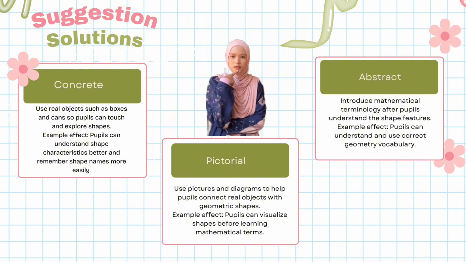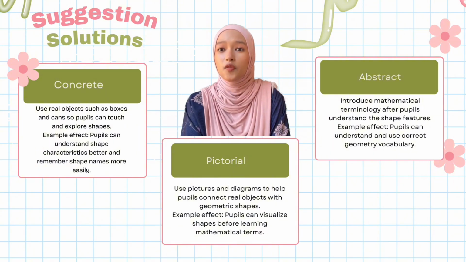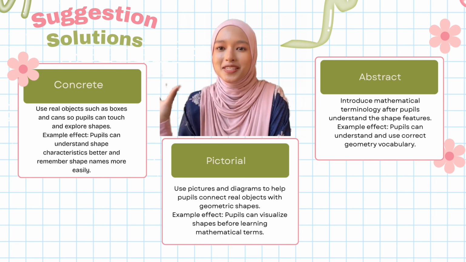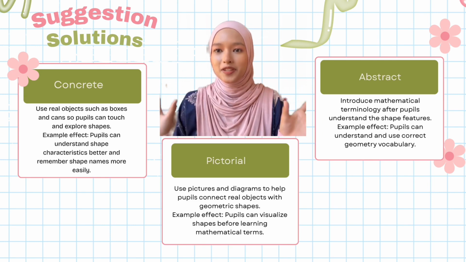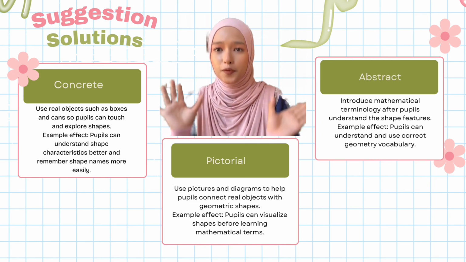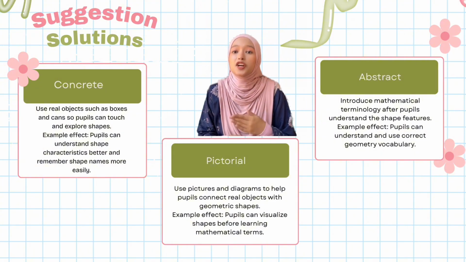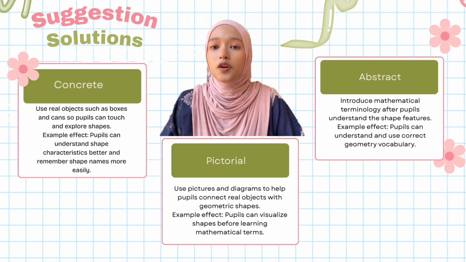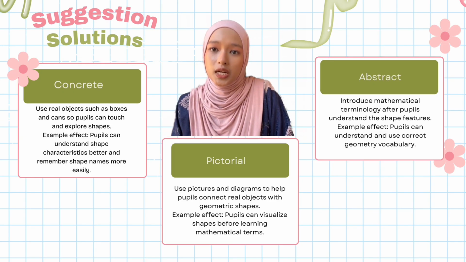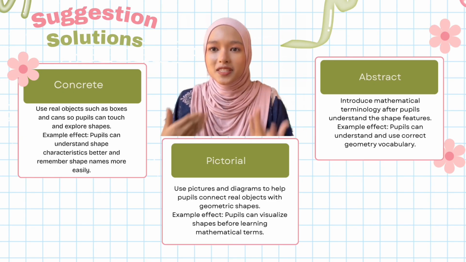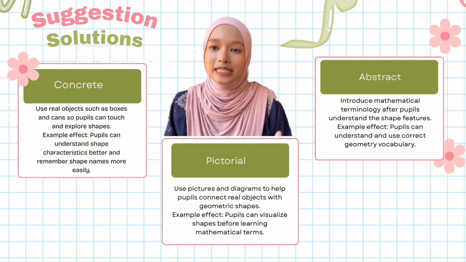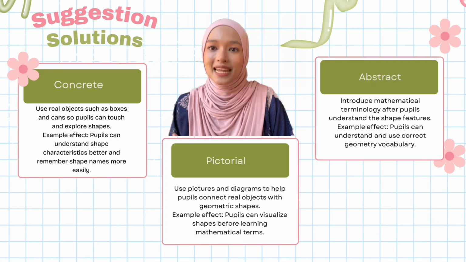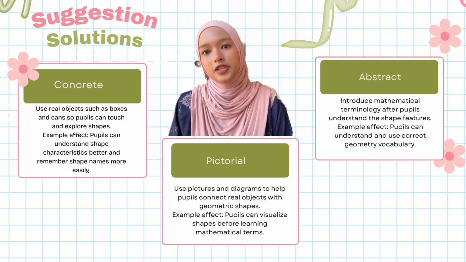Correct? So, what is the suggested solution? The suggested solution is using the concrete, pictorial, abstract or CPA approach in teaching geometry. In the concrete stage, teachers can use real objects such as boxes, cans, or balls. People are allowed to touch, explore, and observe the shapes. In the pictorial stage, teachers can use diagrams or pictures to help people connect real objects with geometry shapes.